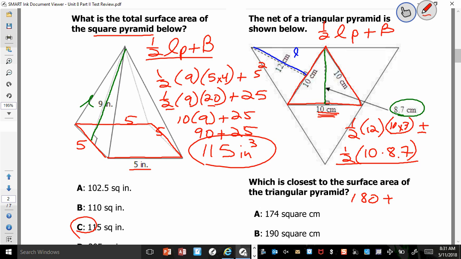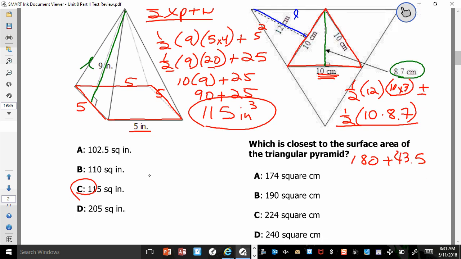In your calculator, 10 times 8.7, which would be 87. What's half of 87? 43.5. Add those two together.